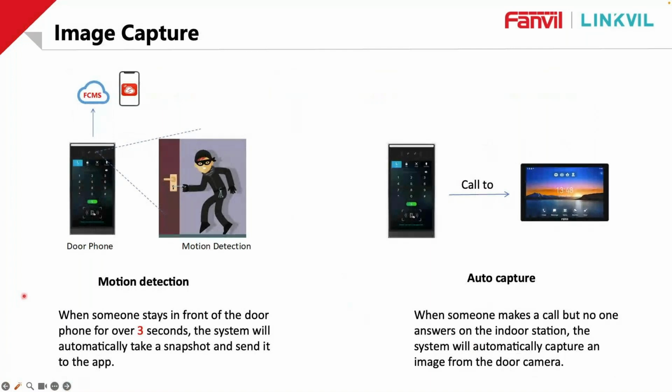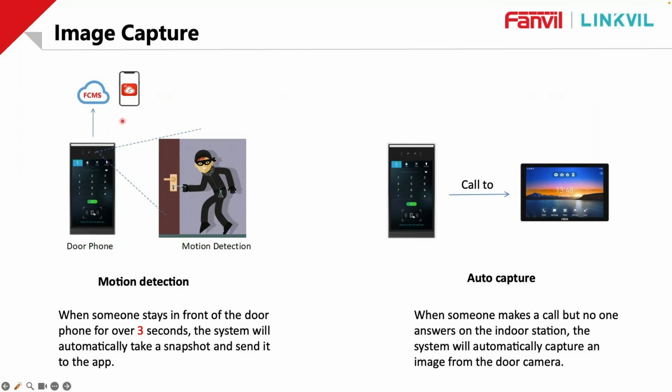Another feature is the image capture for security actions. When the door phone detects motion, a snapshot can be sent directly to the end user. Obviously, the installer and the property manager have the option to define the end user that will receive the snapshot.